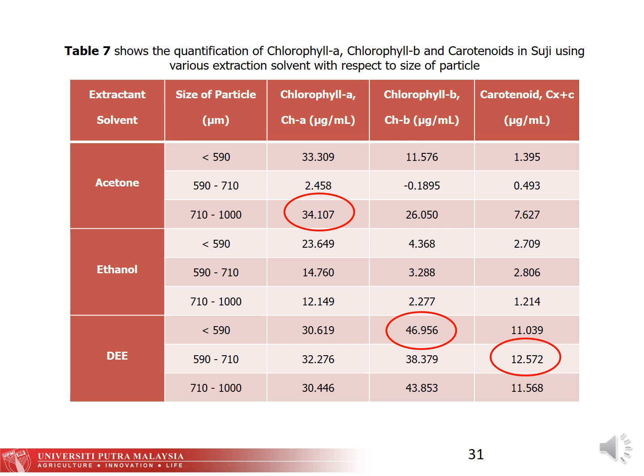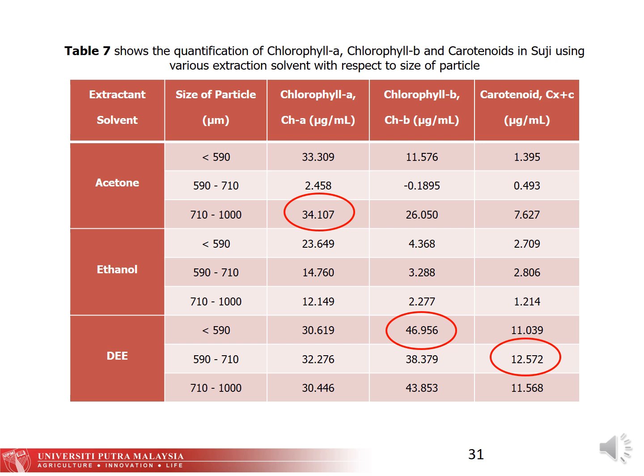Concentration of chlorophyll B was the highest when DEE was used to extract suji leaf particle size of less than 590 micrometer with a value of 46.956 microgram per milliliter. Carotenoid concentration was the highest when DEE was used to extract suji leaf particle size of between 590 to 710 micrometer, giving a concentration of 12.572 microgram per milliliter.